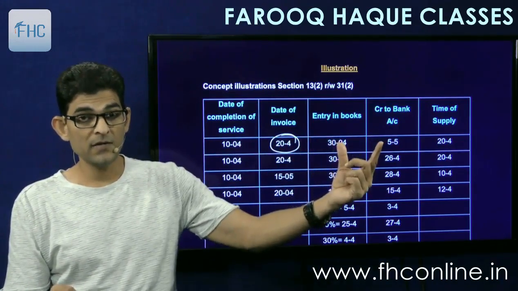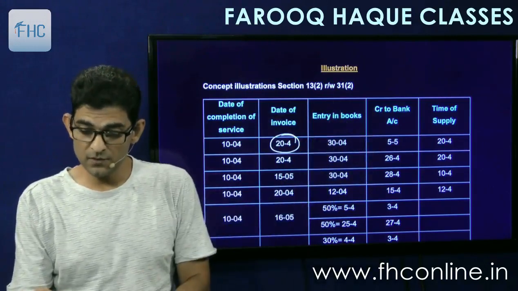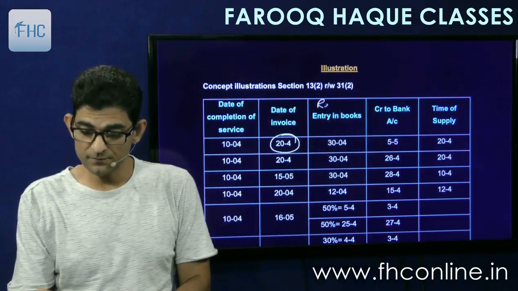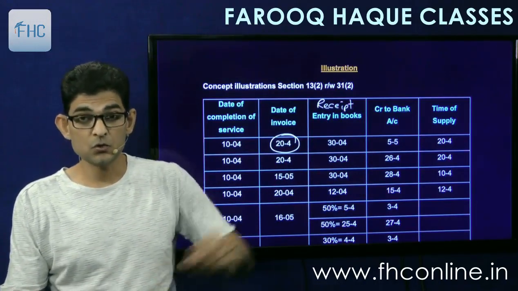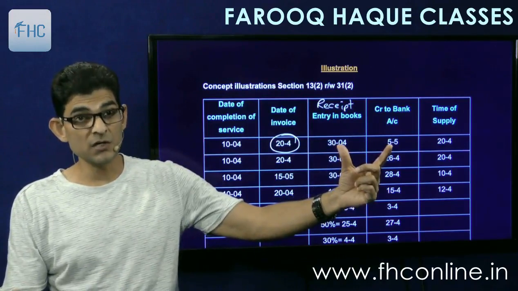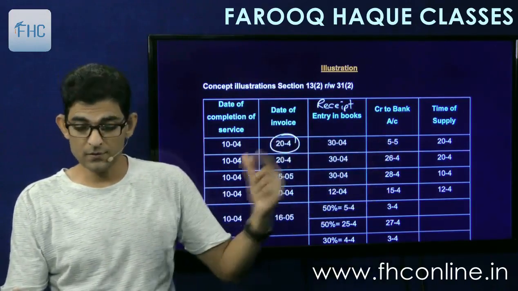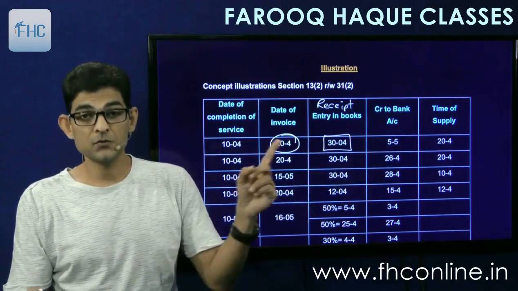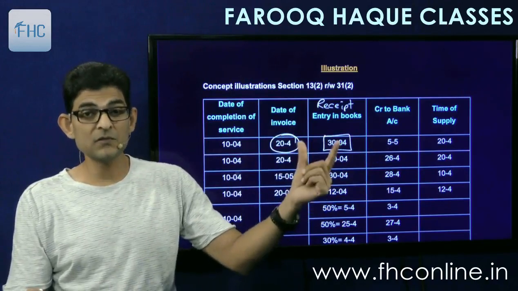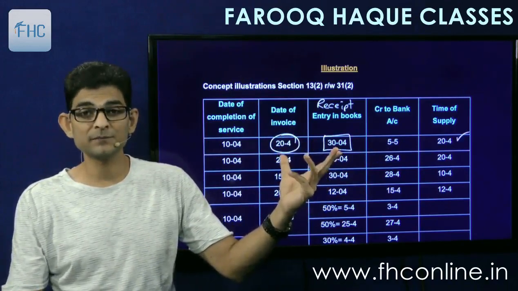Then entry in books, this is payment entry, date of payment, receipt of payment, date of entry, receipt entry, and credit to bank account. So out of these we'll take whichever is earlier. This will give us the date of receipt. So this is receipt, this is accrual. So 34 and 55, 34. So this is accrual, this is receipt, whichever is earlier, 24. 24 becomes time of supply.